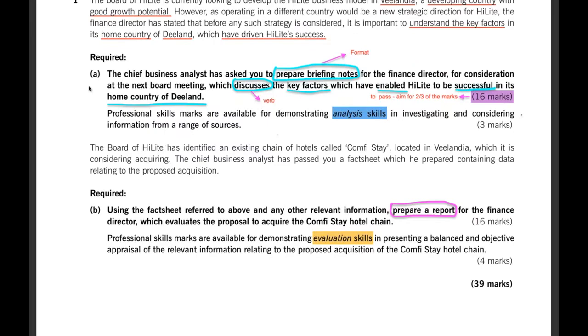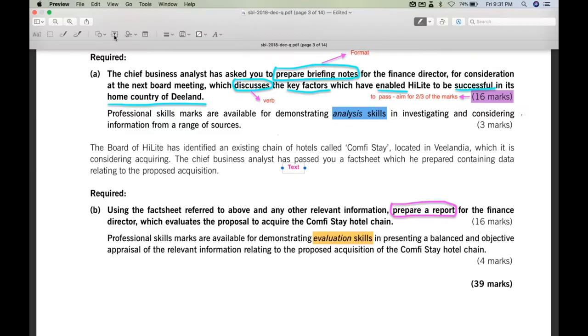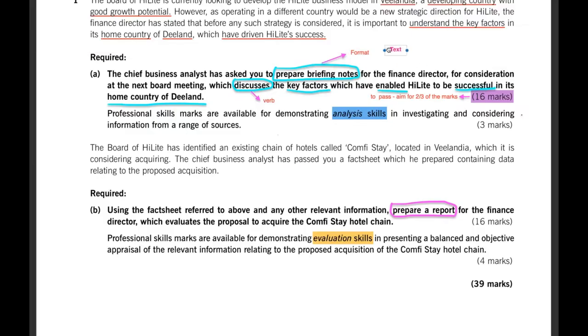Okay, so you are required, this is your requirement. The chief business analyst has asked you to prepare briefing notes. This is the format and this is your task. All right. Who are you going to prepare it for?